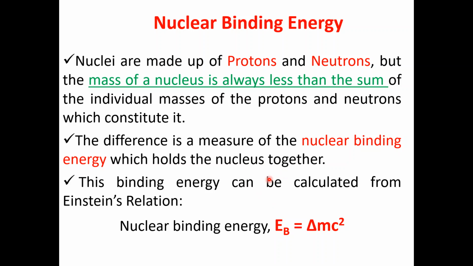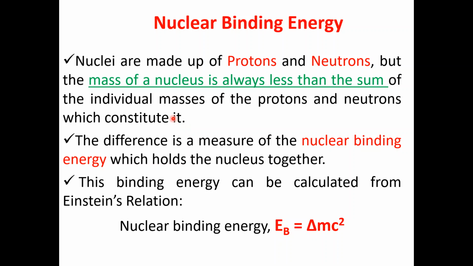Let me repeat the concept of nuclear binding energy. Nuclei are made of protons and neutrons, but the mass of the nucleus is always less than the sum of the individual masses of the proton and neutron which constitute it.